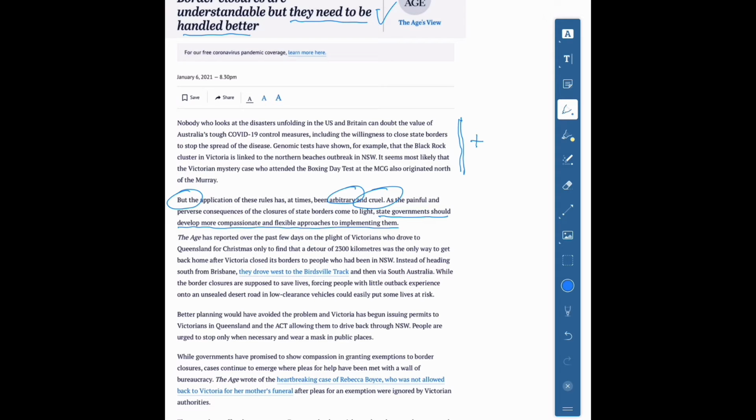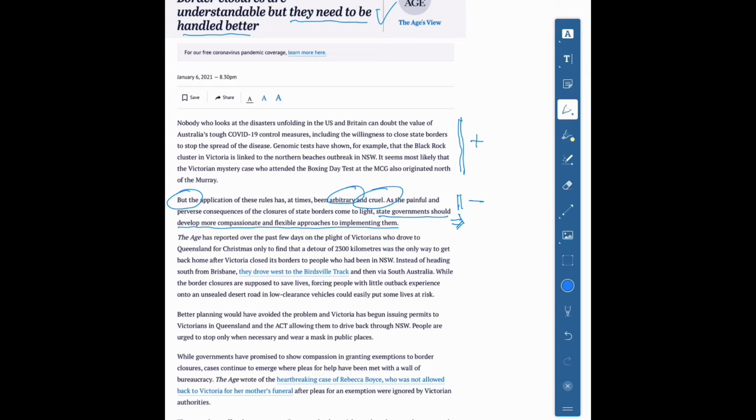What is better here is now defined by giving more compassionate and flexible approaches. So that's one definition of better here.